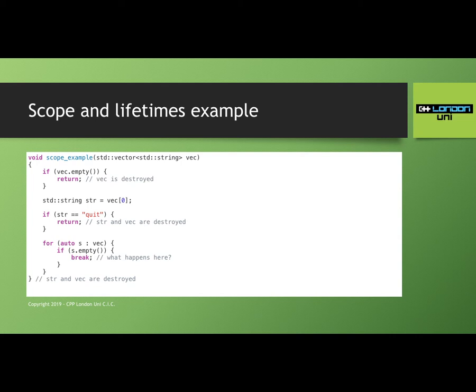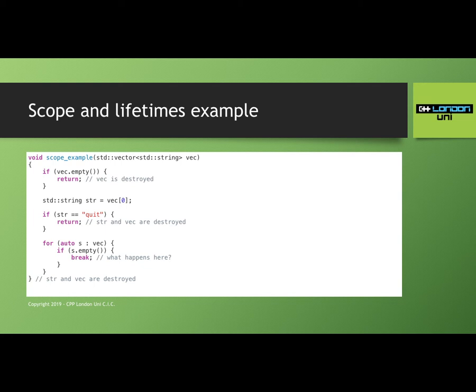For example, down here, underneath the for loop, you already know you wouldn't be able to refer to the object s, because outside of the for loop, that s doesn't exist anymore. If you try to use the variable named s, the compiler's going to say there isn't one, because s only exists within this for loop.